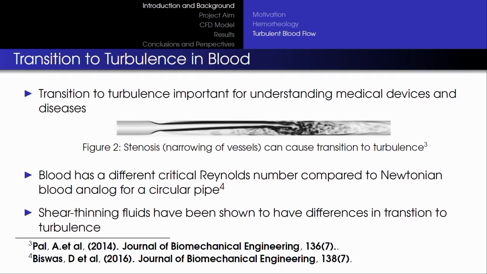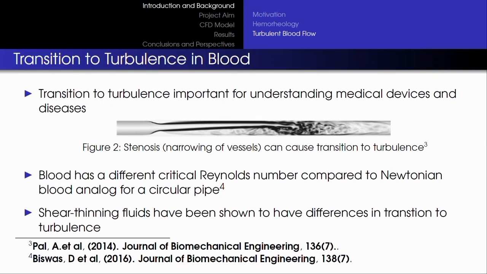This is only a recent type of investigation, and most recent experiments have looked at how blood has a different critical Reynolds number compared to a Newtonian blood analogue. So blood transitions at a different Reynolds number compared to an analogue of water glycerol or something like that, which is commonly used in experiments.